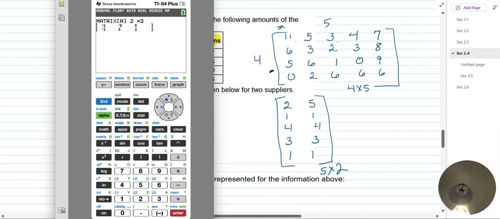And this one is a 4 by 5. Enter our numbers: 1, 5, 3, 4, 7, 6, 3, 2, 8, 5, 6, 2, 5, 6.